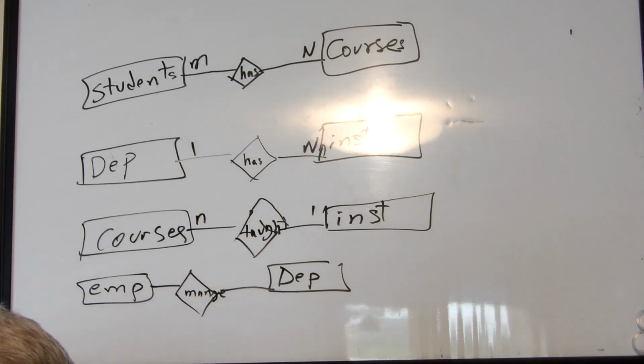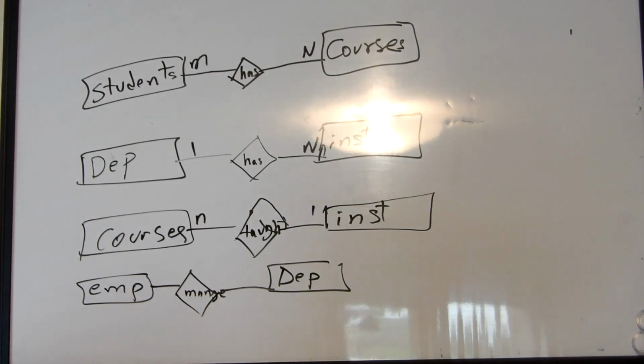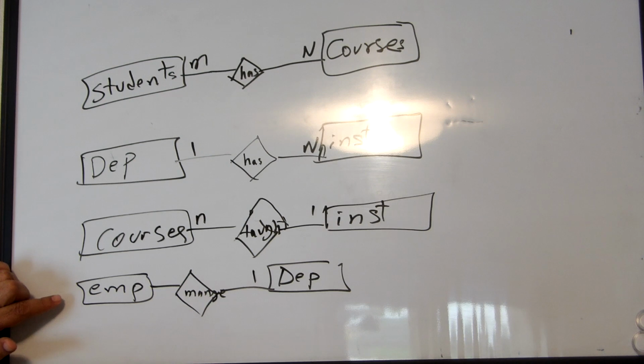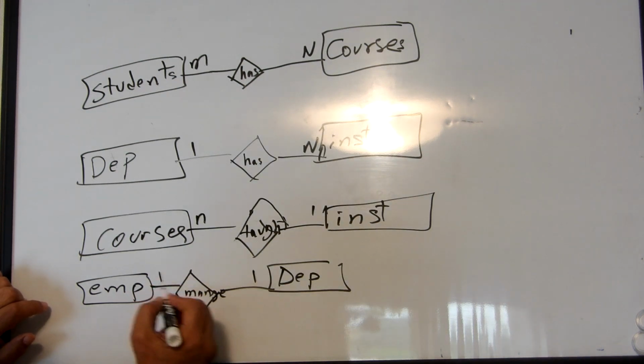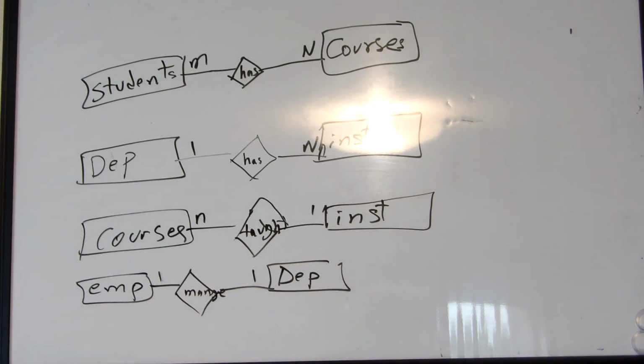You can say an employee manages only one department, and one department can be managed by only one employee. That makes sense; the manager cannot be two. An employee could be an engineer or all kinds of things. So we talked about cardinality.